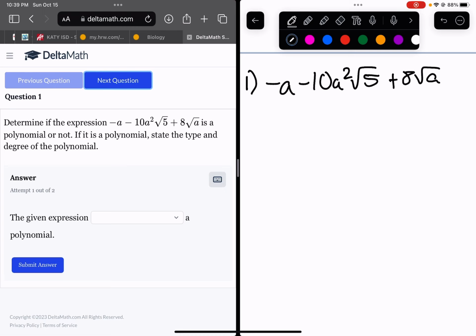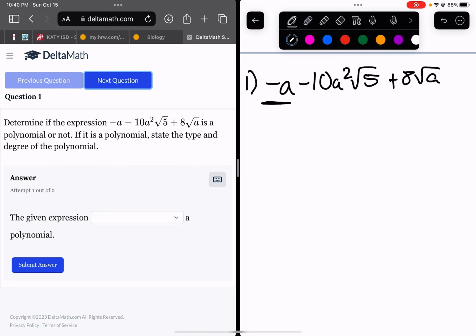It's asking us if this is a polynomial or not. If you recall, I told you to just assume something's a polynomial until you find something that makes it not a polynomial. Looking here, this one looks kind of suspicious because it has a radical. However, it's actually perfectly fine because there are no variables inside of the radical.